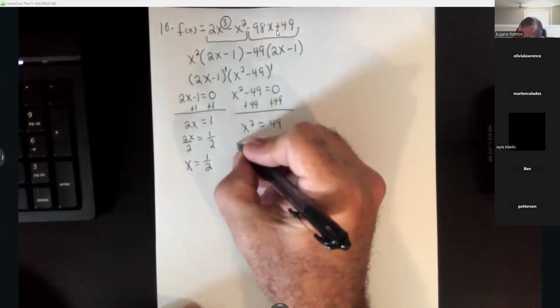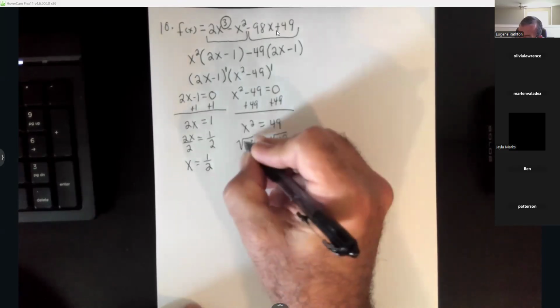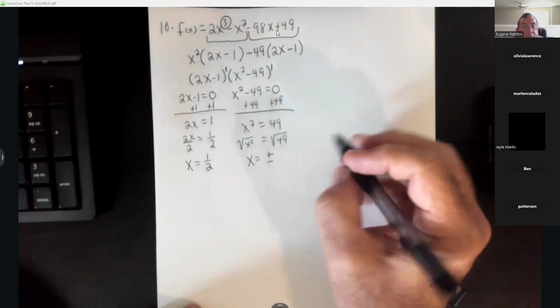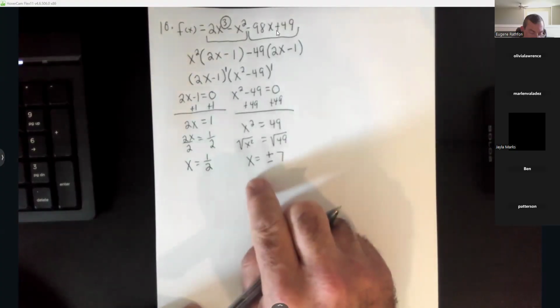All right, square root both sides. So square root of x squared is x, and this will equal plus or minus square root of 49, which is 7.